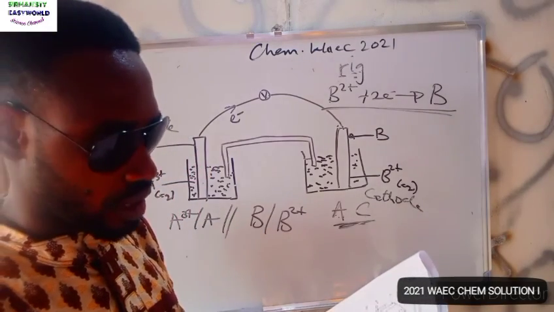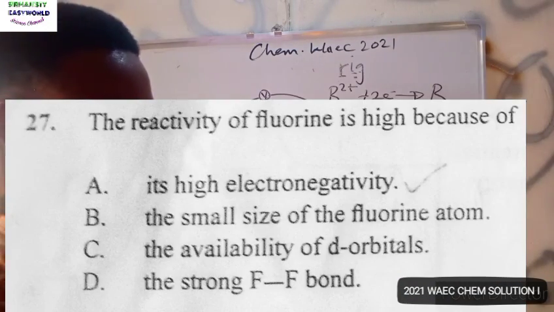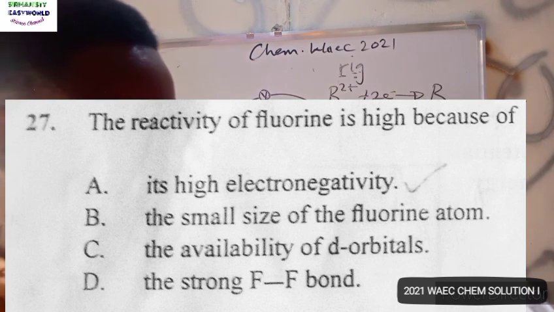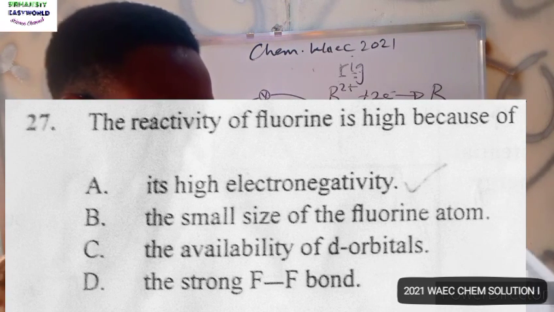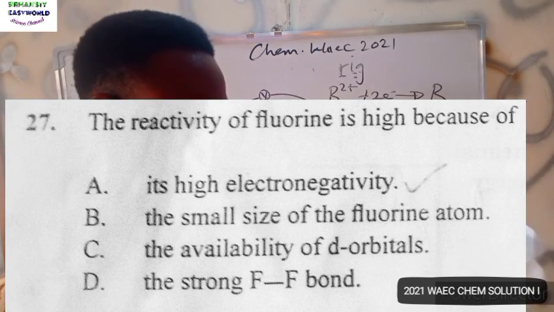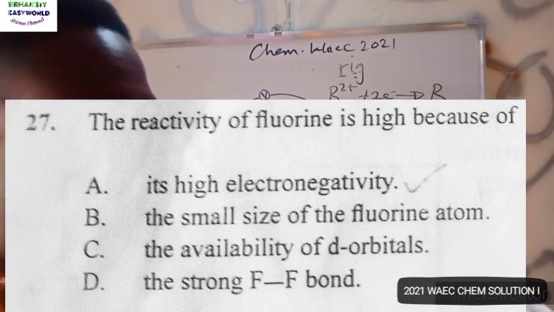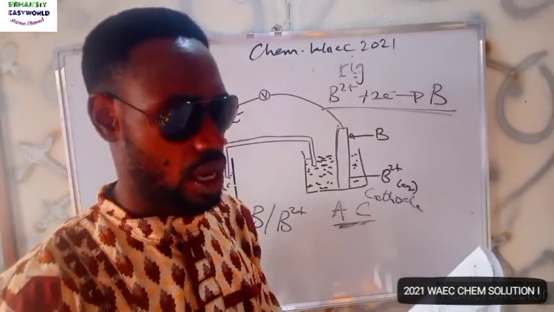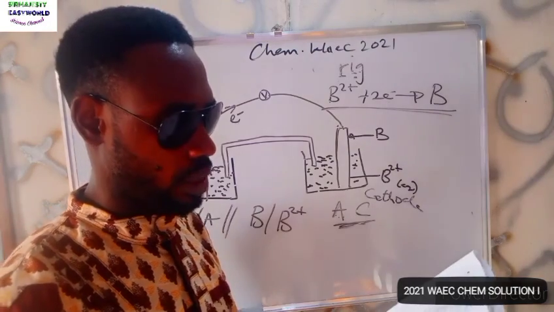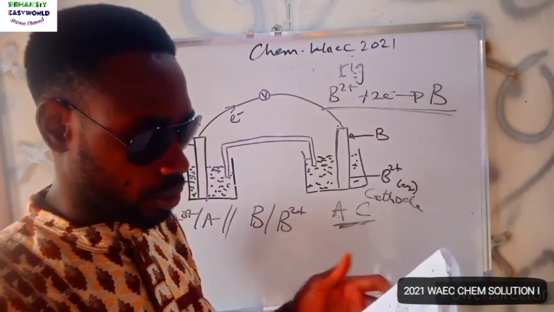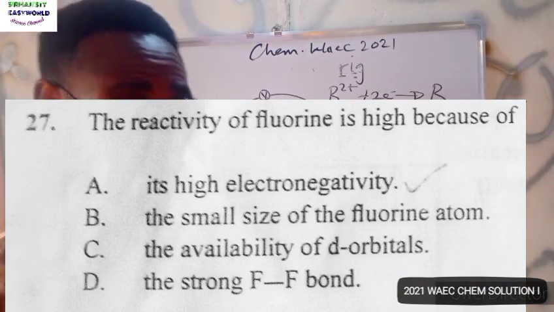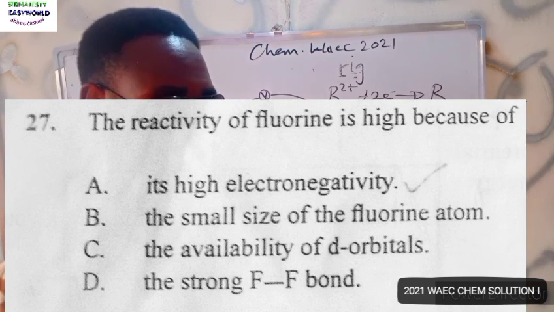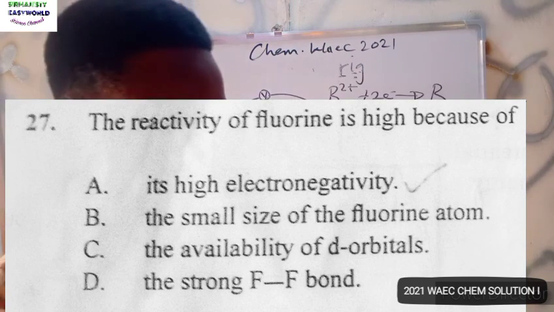Then number 27 says the reactivity of fluorine is high because A, because of its high electronegativity. Yeah, that's likely going to be the answer, but let's look at the other options. Remember to look at other options properly so that you won't fail due to overconfidence.